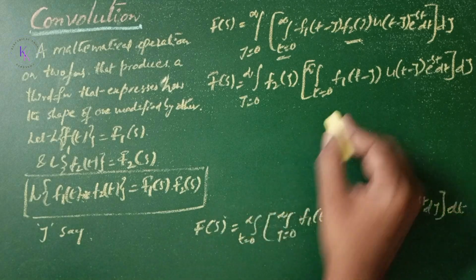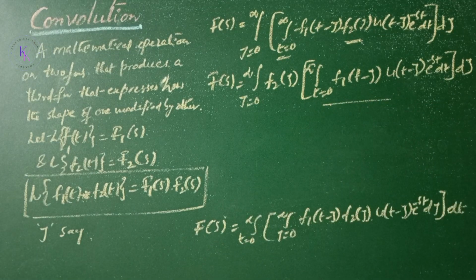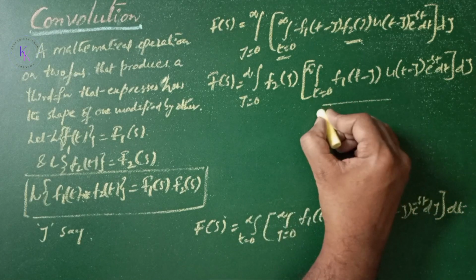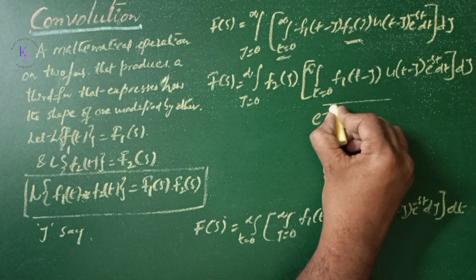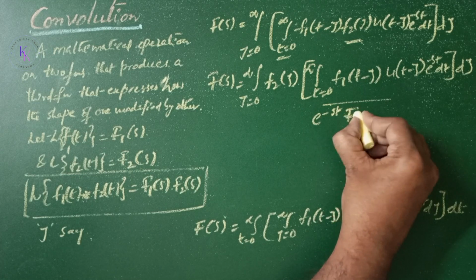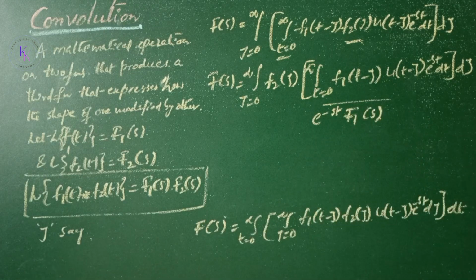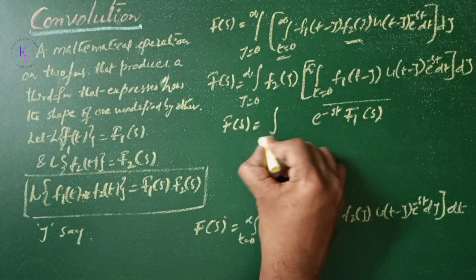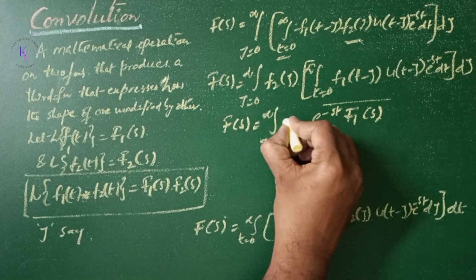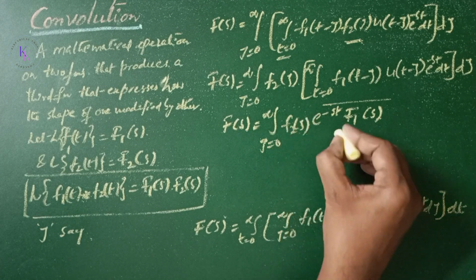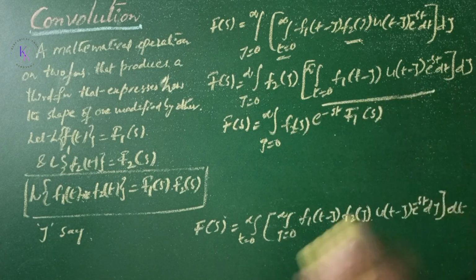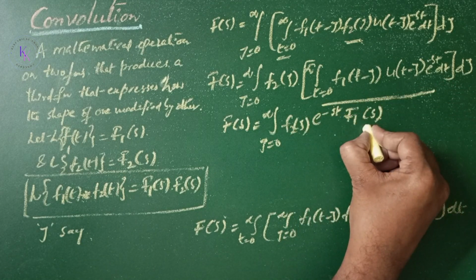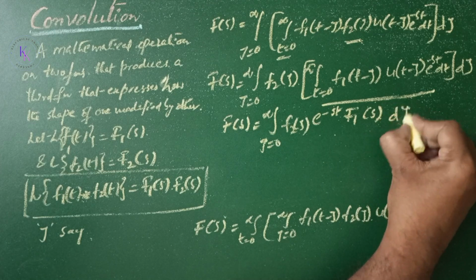But the inner integral is the transform of a displaced time function, and this can be expressed as e^(-s tau) F1(s). Now F(s) will become the integral tau from 0 to infinity of f2(tau) e^(-s tau) F1(s) d tau.